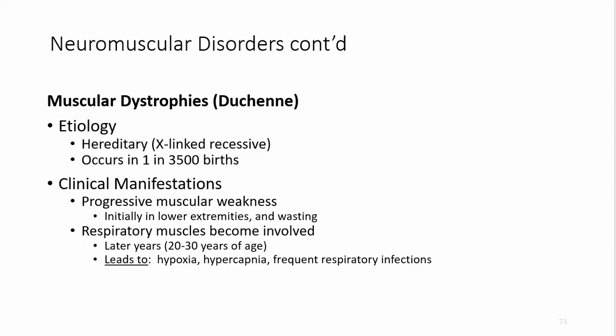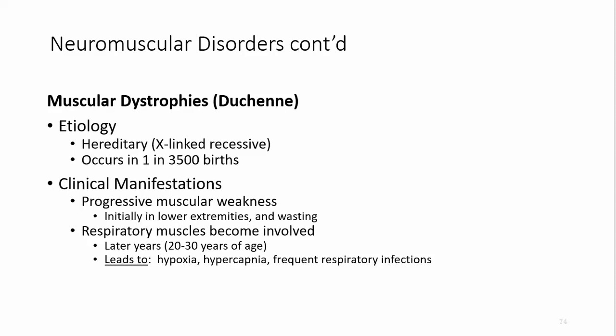Their daughters may be carriers or may not be carriers, but they don't develop the disease because they have two X chromosomes. Sons, however, 50% of sons will actually get the disease because they don't have another X chromosome to offset it. So it's a very sad disease from that point of view, that mothers give it to sons. It occurs in 1 in 3,500 births, so that's a fairly high rate. It runs in families, obviously.